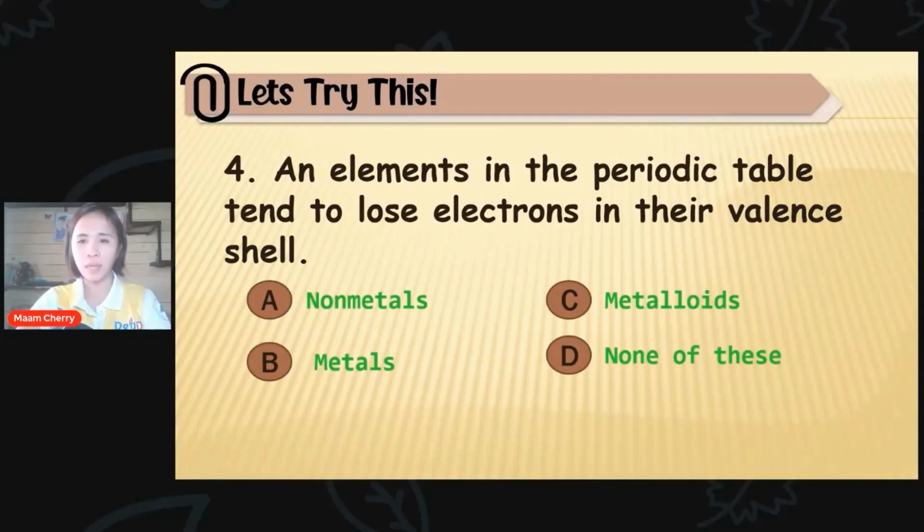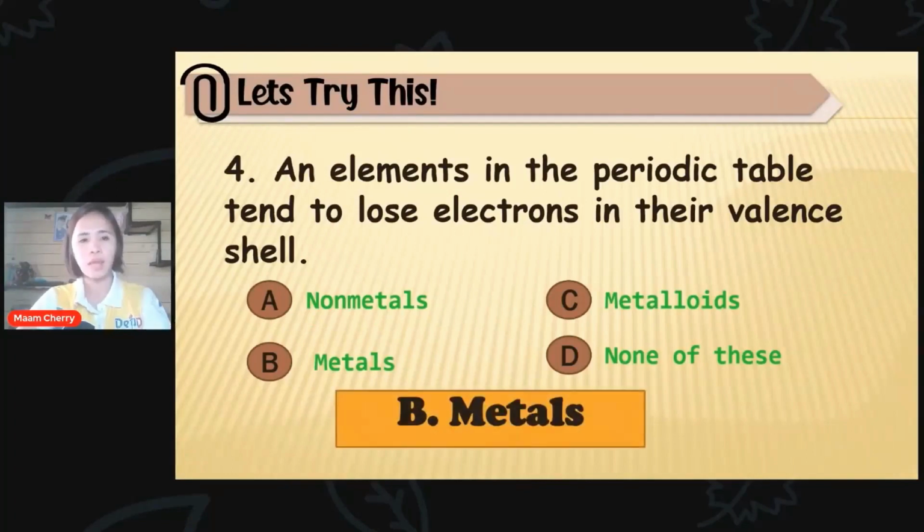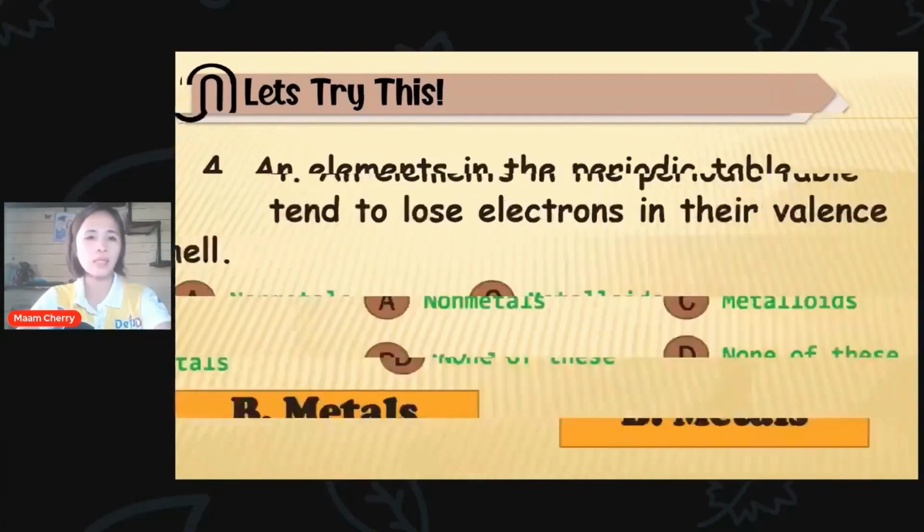From 9, Benevolence, Alexa Trafalgar. From 9, Compassion, Gerald. From 9, Compassion again, Micaela. From 9, Courage, Facebook user, walang pangalan. So yon. So the correct answer for number 4 is metals, letter B.